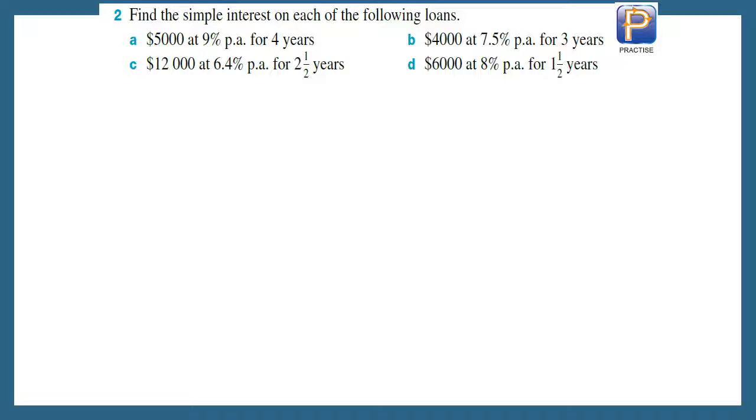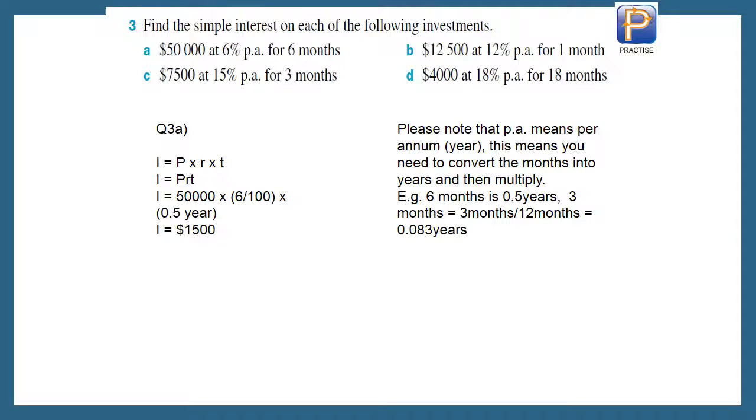Okay, a few more examples here. I won't go through all of these. I will look at one of them, question 3A. $50,000 was invested, 6% for 6 months. The $50,000 is written there. The 6% I've written as 6 over 100, and the 6 months is half a year. So don't forget 6 months is 0.5 a year.